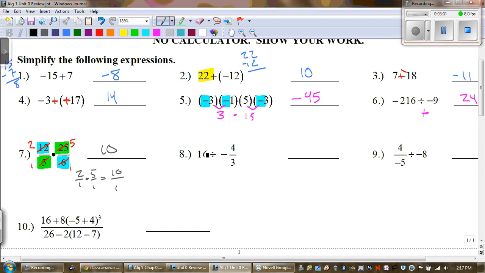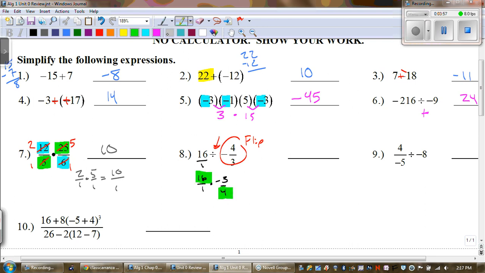Okay, number 8. We're dealing with fractions, so I'm going to turn that 16 into a fraction by putting it over 1. Right away, I see that I'm dividing by a fraction, so I want to flip that. So 16 over 1, we're changing it to multiplication, and negative 3 over 4.